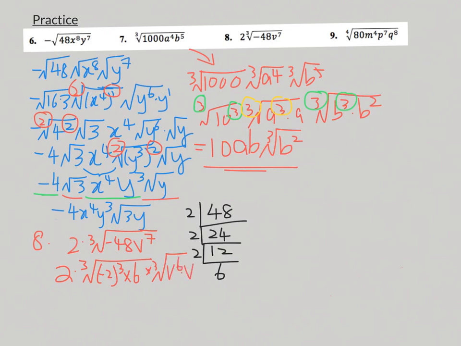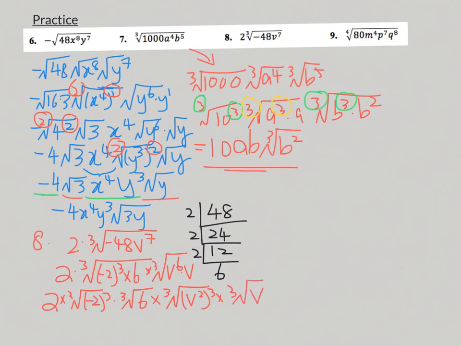Negative 48 can be written as negative 2 cubed times 6, times the cube root of b to the 6 times b. So if I simplify this, I'll end up with 2 times the cube root of negative 2 cubed times the cube root of 6 times the cube root of b squared to the third, because that's b to the 6, and then we have the cube root of b.